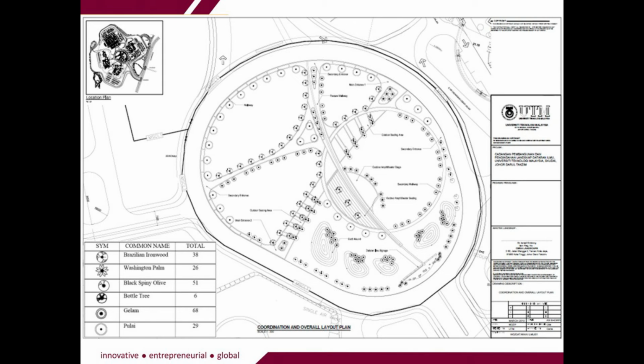As you can see, this is the landscape plan that I got from PHB. At the plan, they display all the types of tree, and then road, and also footpath.